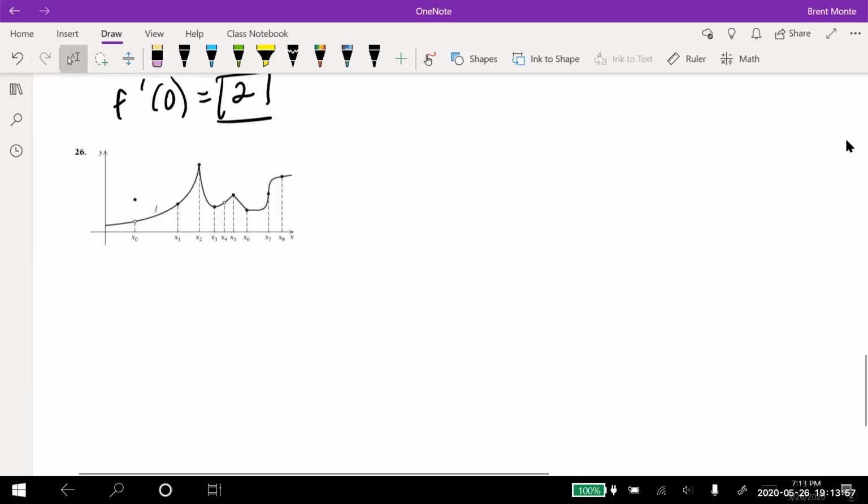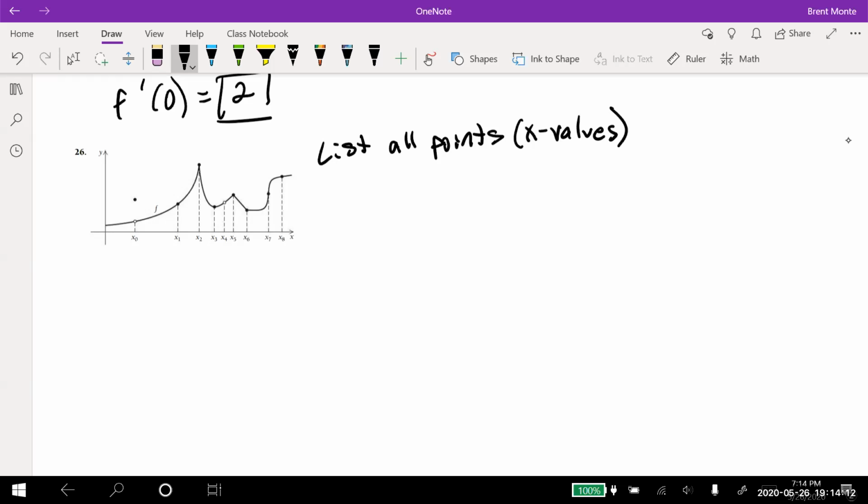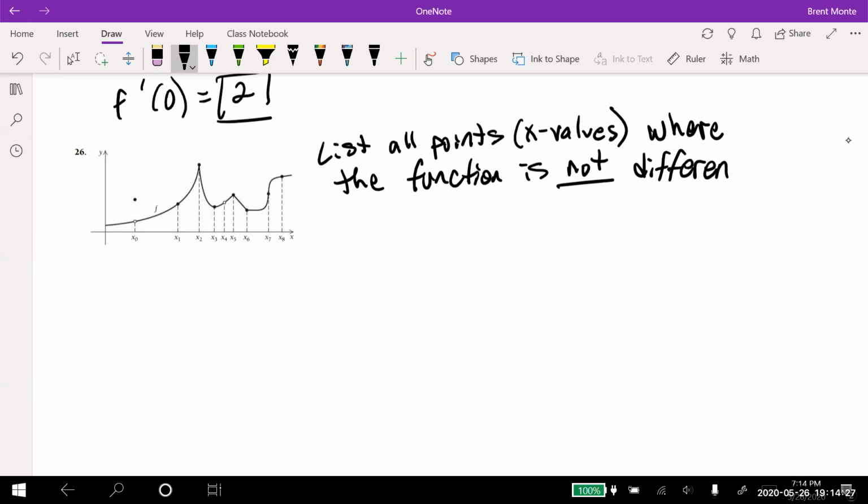The question says, list all x values where the function is not differentiable. And what not differentiable means is that there's no derivative.